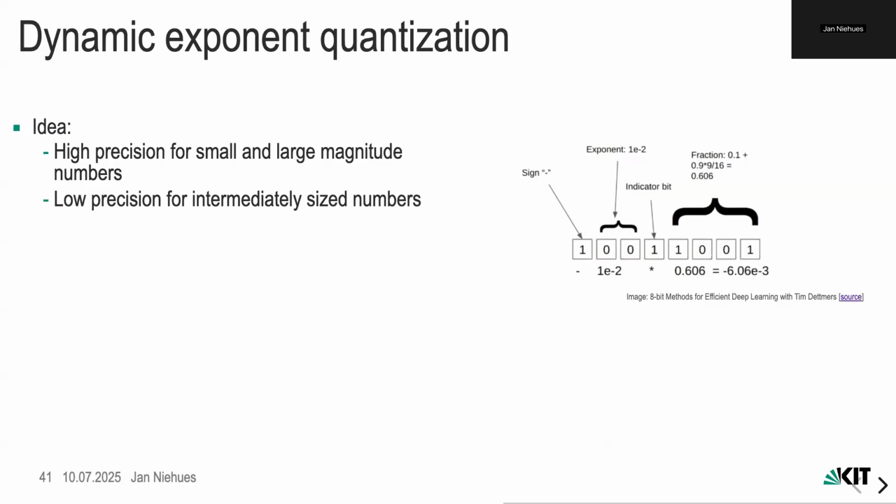So what you have is first a sign bit, then bits for the exponent, then an indicator bit which says now the exponent is over, and then you have the fraction, the floating point.